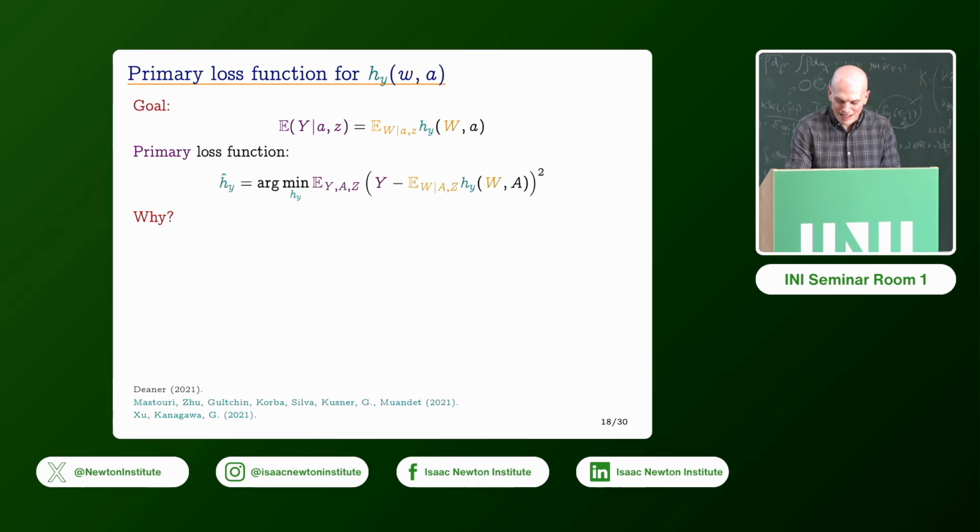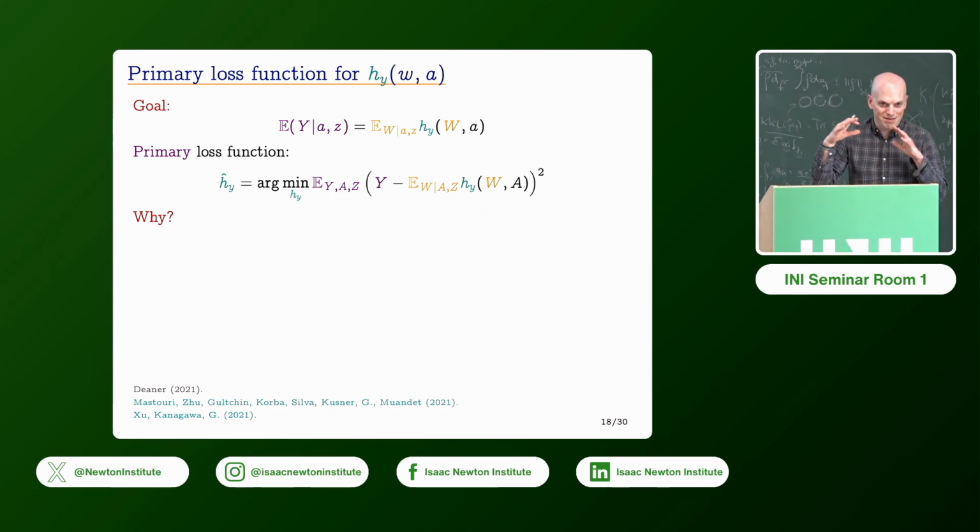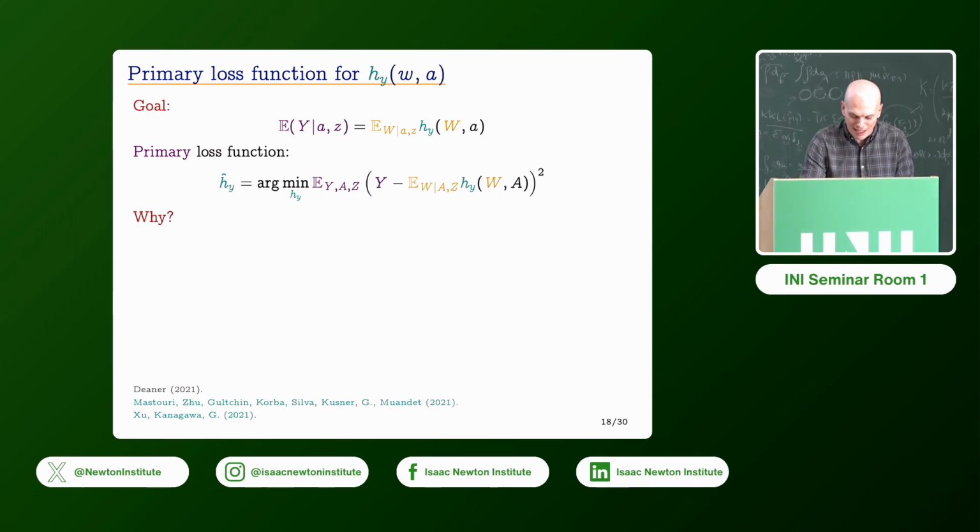And the problem is that I've got here an A that passes through. So I've got the expectation of W given A and Z, a function of A. So A passes through, but then W is a conditional mean of W given A and Z, so that gets squashed in some sense. If A wasn't here, then I can basically say at this point, I know how to get minimax rates.